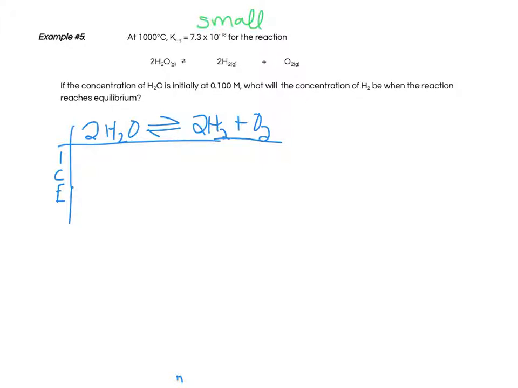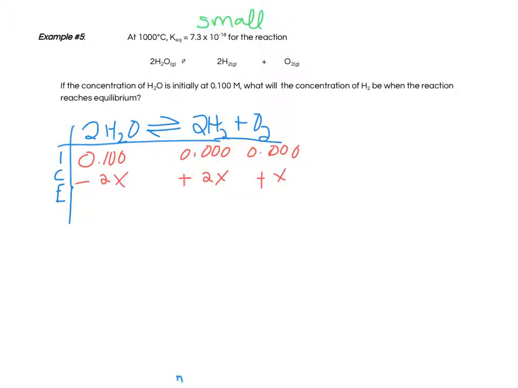So the question tells me that I'm starting with 0.100 moles per liter of my H2O. They haven't told me otherwise, and unless they tell me otherwise, I always assume that my product concentrations are 0 to begin with. And so my H2O quantity should decrease by an amount 2x, according to the coefficients in my balanced equation. My H2 should increase by 2x, and my O2 should increase by x.